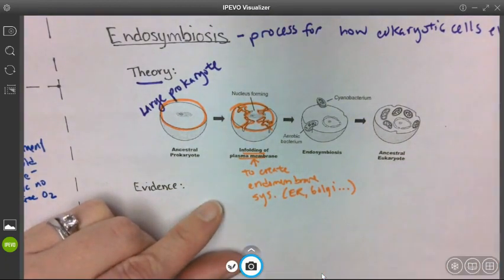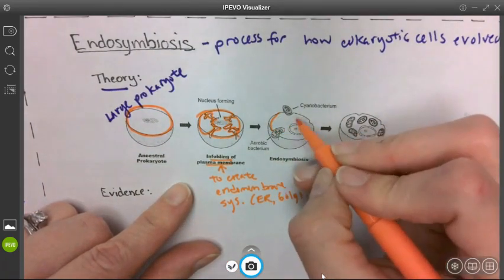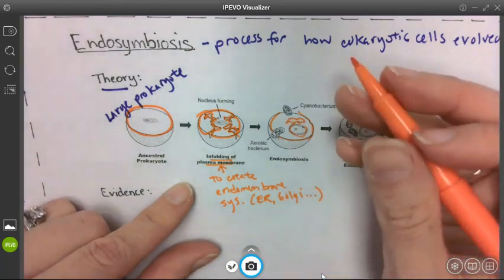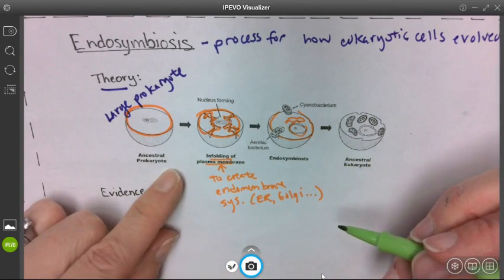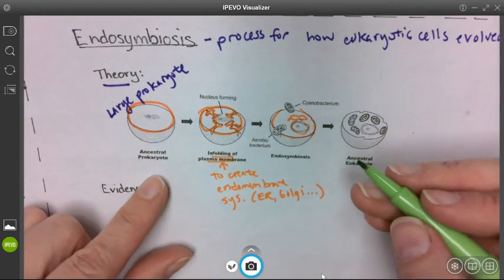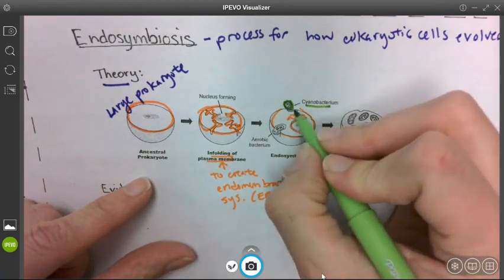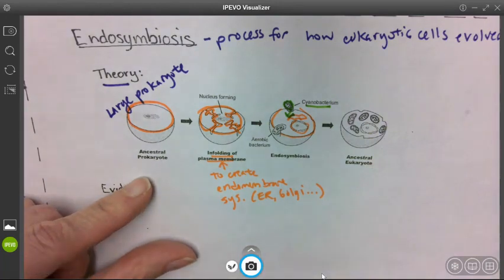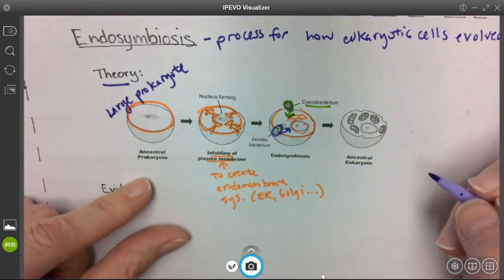Okay, now the other thing that would happen is this large ancestral prokaryote, right, creates this nuclear membrane, maybe the ER, and it is going to engulf smaller prokaryotes, eat smaller prokaryotes through endosymbiosis. So the cyanobacteria is much smaller. It's engulfed by this prokaryote. And then over here we have this aerobic bacterium. It's engulfed by this prokaryote.